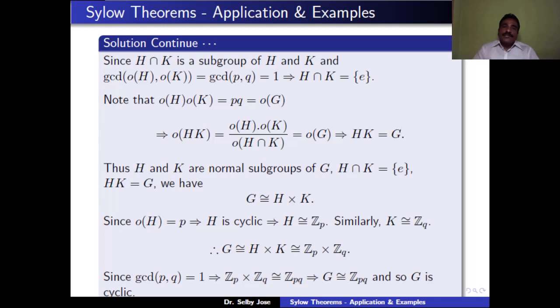And since GCD of P and Q is 1, ZP cross ZQ is isomorphic to ZPQ. That means G is isomorphic to ZPQ and therefore G is a cyclic group. So we proved that if G is a group of order PQ, where P is less than Q and P does not divide Q minus 1, then G is cyclic.